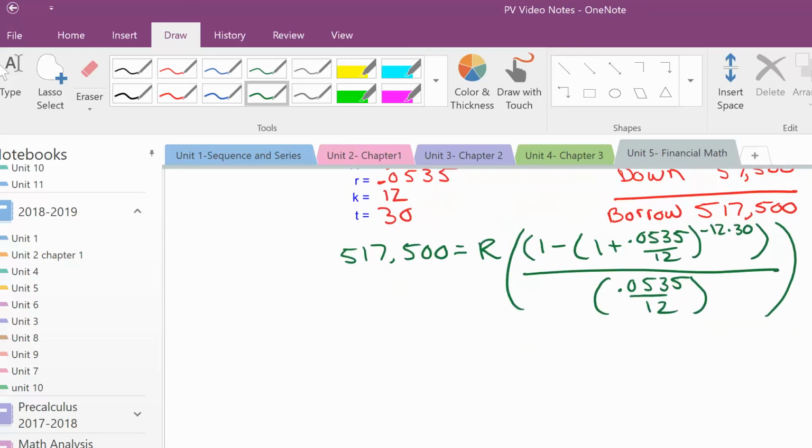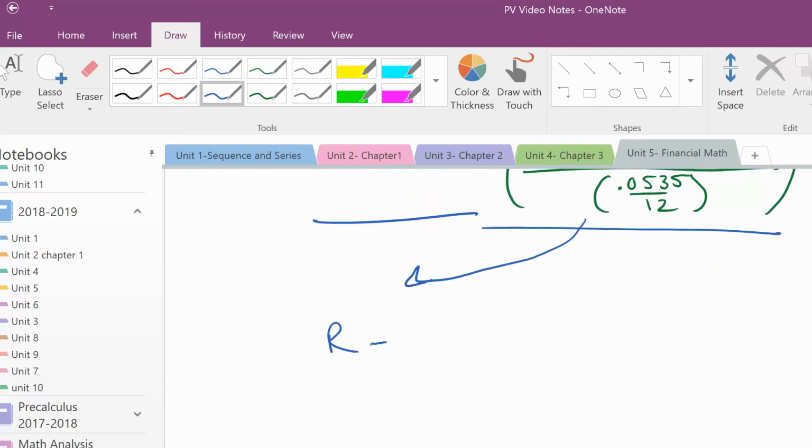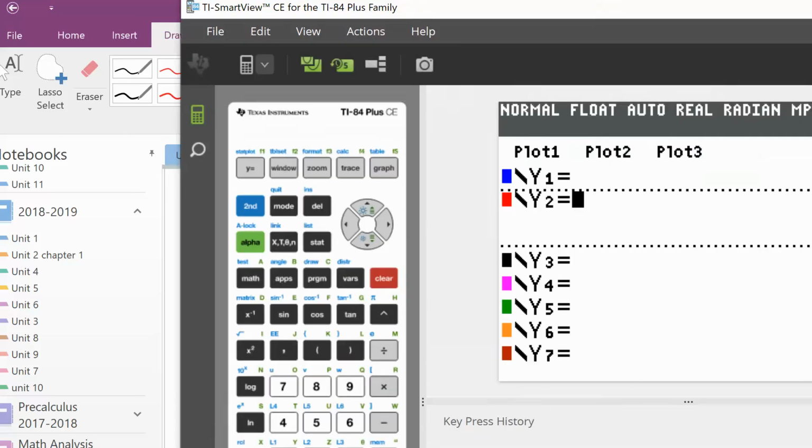All right, so to find the monthly payments, remember you just divide by that whole thing to get what R is. So I'm going to show you how to type it in your calculator.